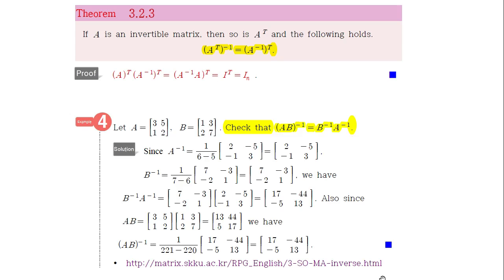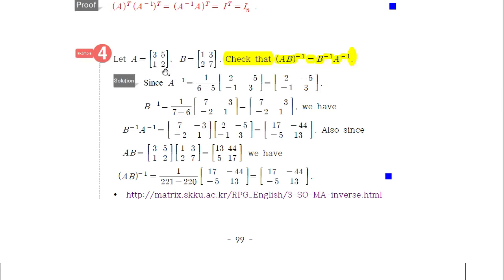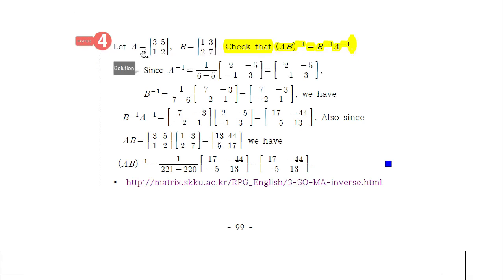So for a square matrix, if you find a matrix such that the product of two matrices is identity, then you don't have to check the other side, because if one satisfies, the other always satisfies. For a square matrix.